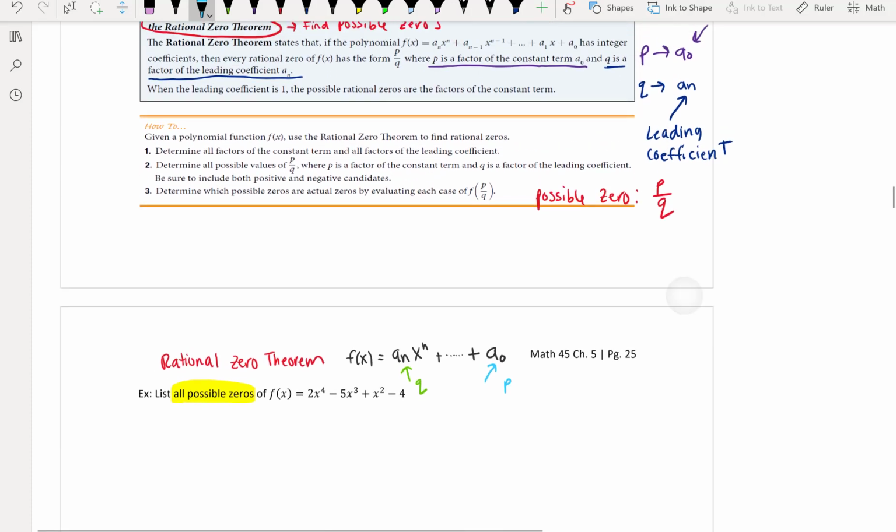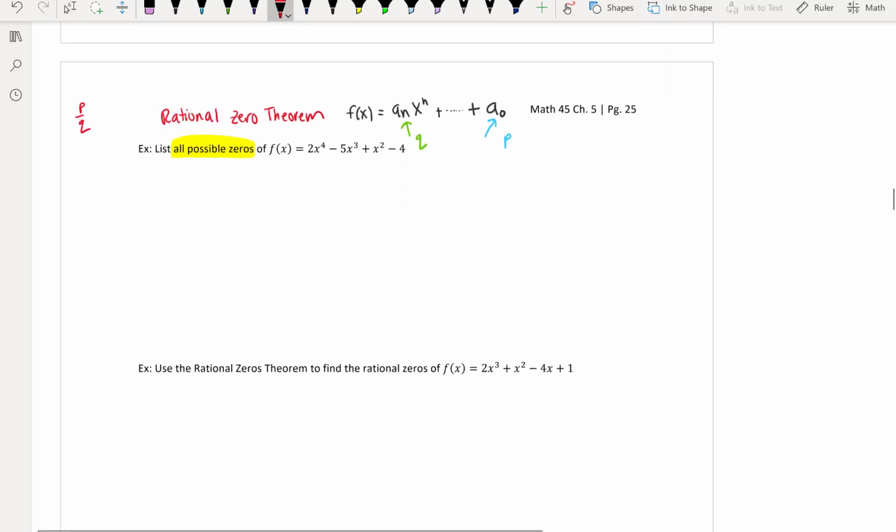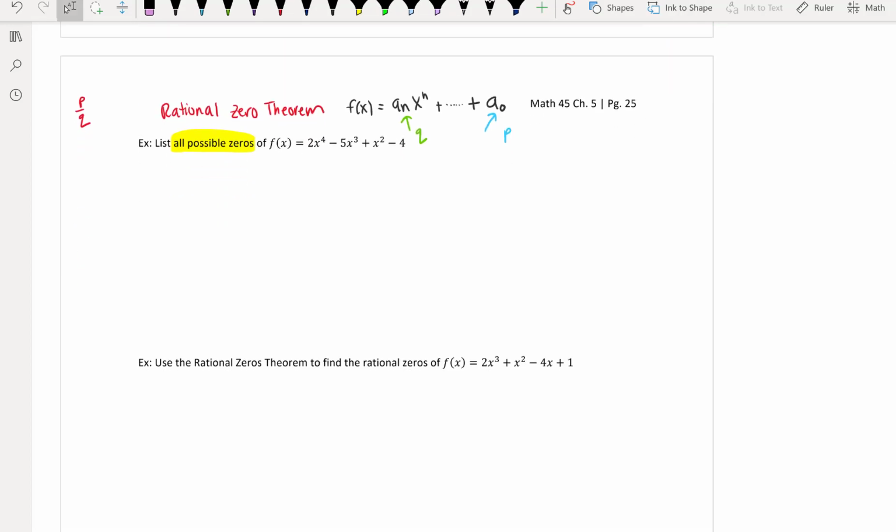Remember, that's what we had over here, right? That p corresponds to a naught and that leading coefficient a n corresponds to q. So we want to list our possible zeros as p over q. All right. So hopefully that helps to give us our general form.